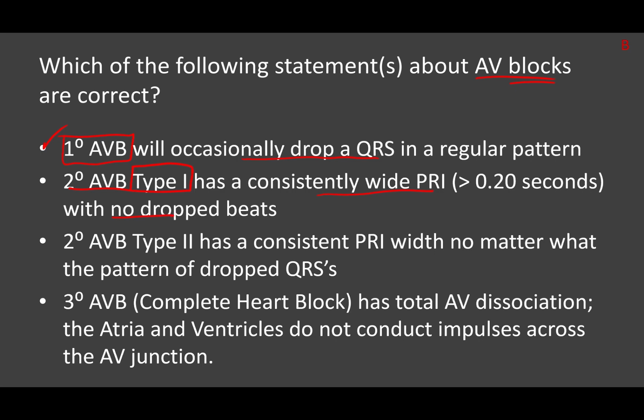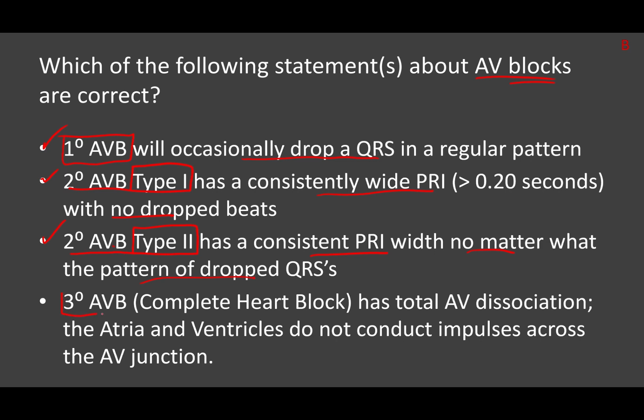That's wrong because we know all second degree blocks drop QRSs. That's one of the hallmarks of that. Second degree Type II has a consistent PRI, which is correct, no matter what pattern of dropped beats. So that one is actually correct because second degree Type II has dropped beats with a consistent PRI.